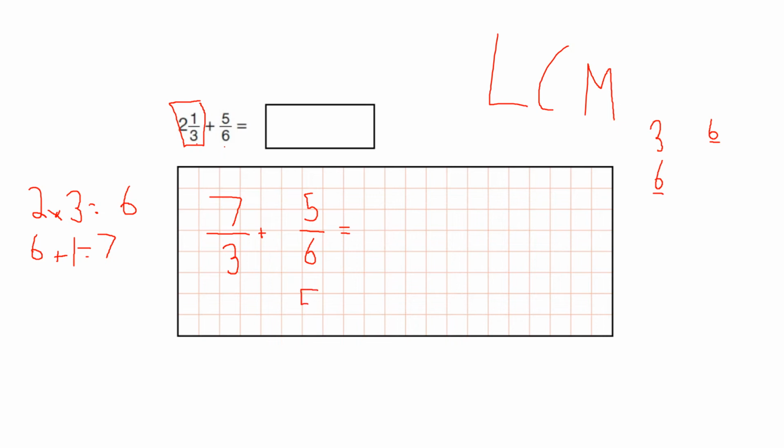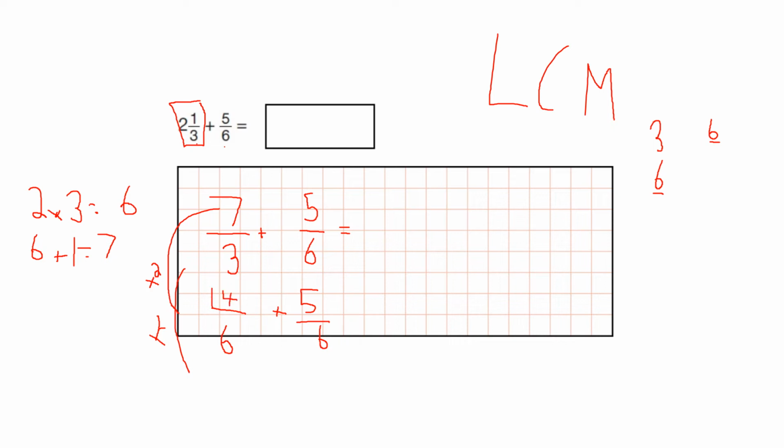So 5 sixths can stay the same. Nothing needs to be done there. It is 7/3 that needs to be changed into something over 6. And I know that 3 times by 2 equals 6. So I know that with my 7, I must do what I've done to the bottom to the top. So 7 times by 2 is 14.